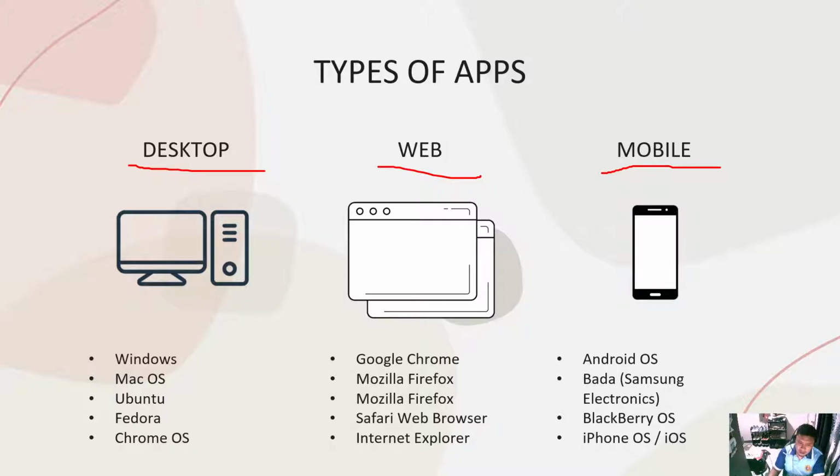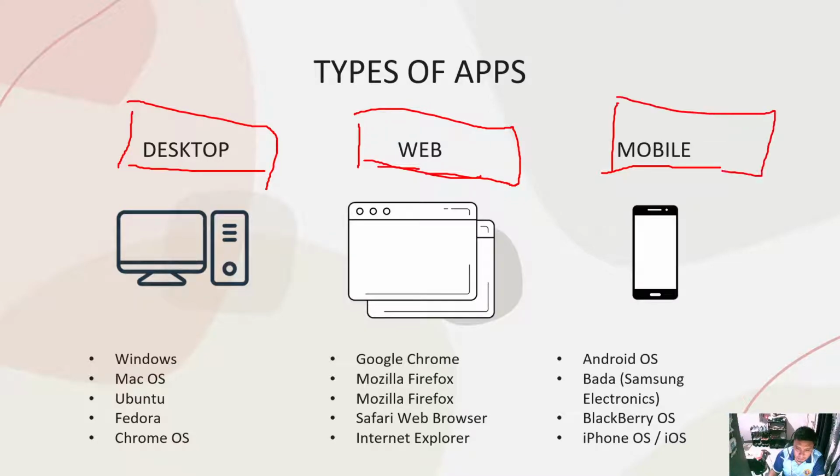Considering this, we have a lot to develop because we have to develop your application for the desktop platform. You can also develop it for the web platform and also for mobile.